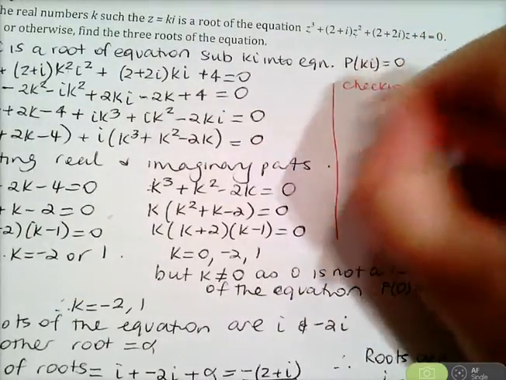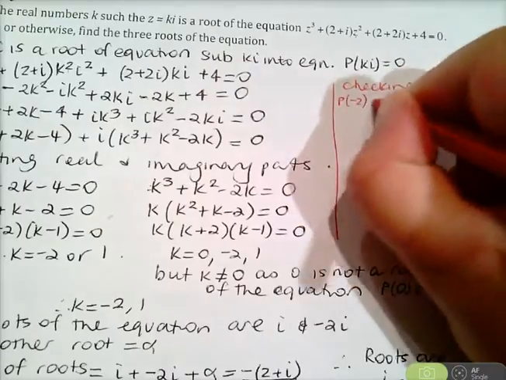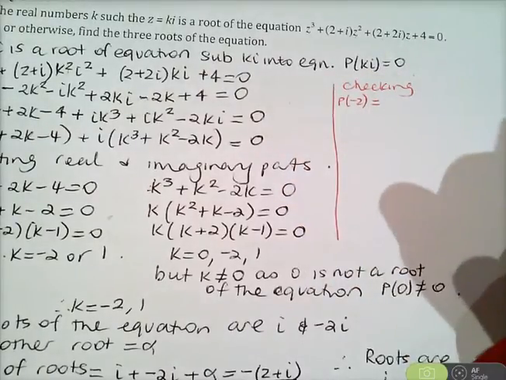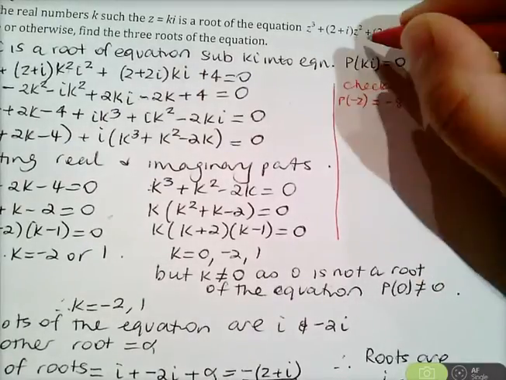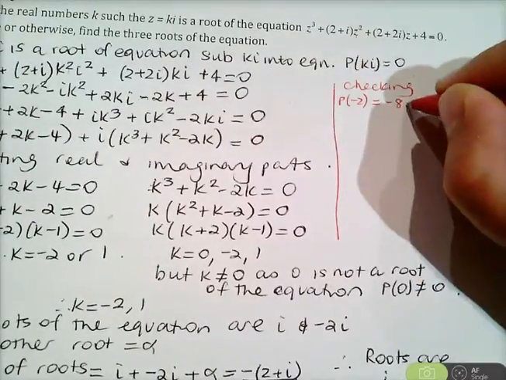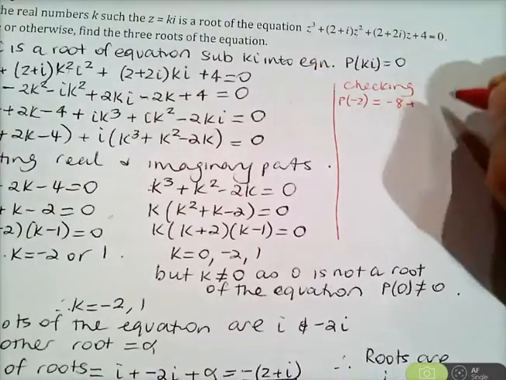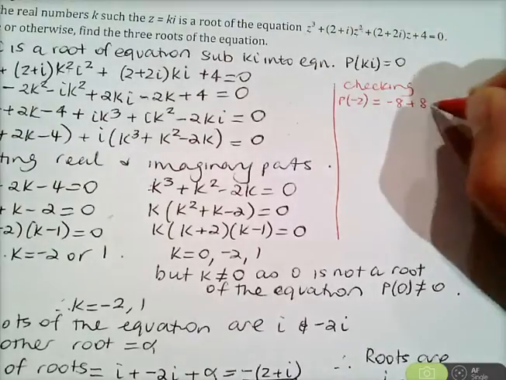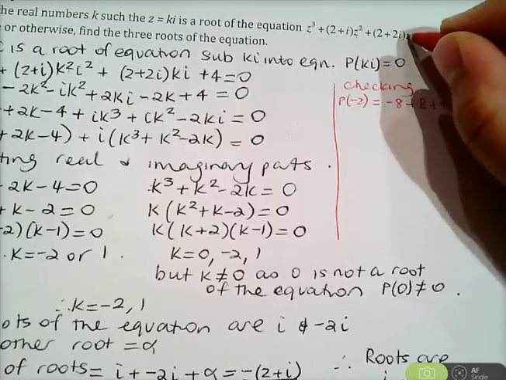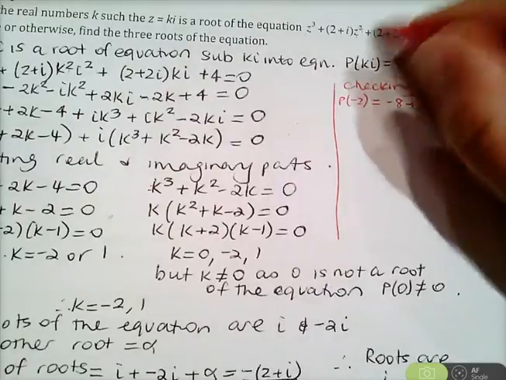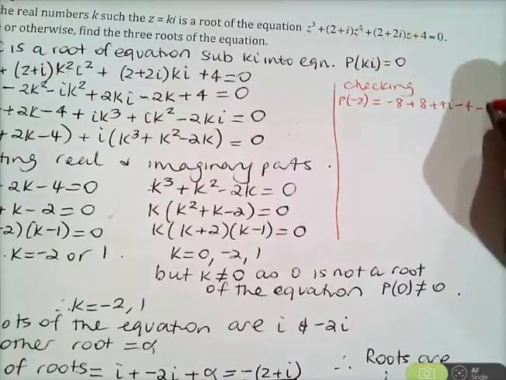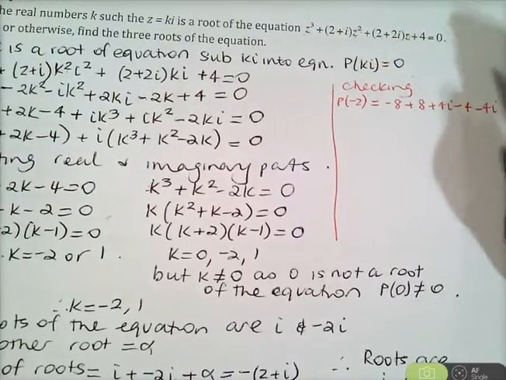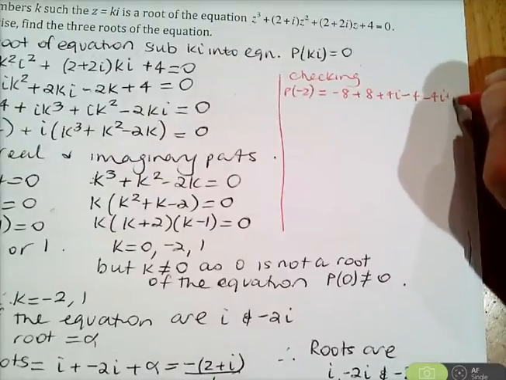So checking, let's look at p of negative 2. Substituting z is negative 2, we get negative 8, and this would be 4 here, so we get plus 4 times 2 is 8. 4 times i is 4i. If z is negative 2, we'd get minus 4, and then we'd get minus 4i, and then we'd get plus 4.